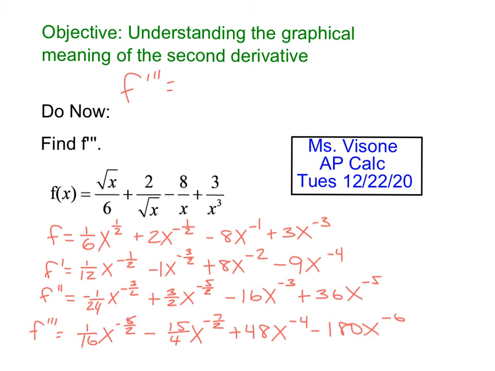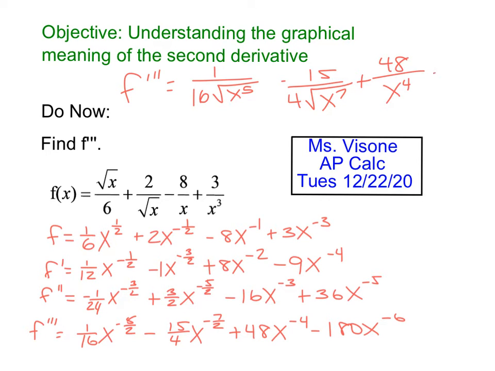So this is 1 over 16, and then the square root of x to the 5th, minus 15 over 4, the square root of x to the 7th, 48 over x to the 4th, and minus 180 over x to the 6th. There's no real rule there. That's just how I always do it.